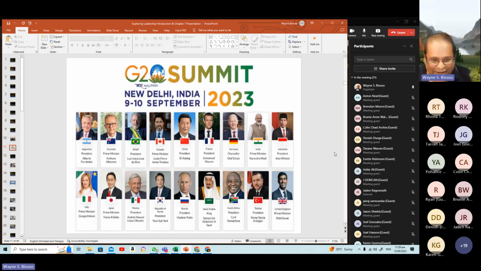Well, the idea of the G20 summit is these leaders of the largest and most influential economies in the world get together to set up agreements and memorandums of understanding over very important issues that are seen to be of global importance. Things like climate change and climate control, weapons and nuclear arms development.